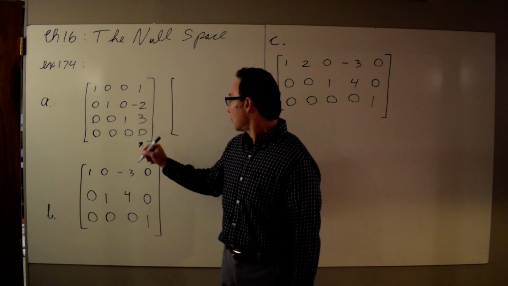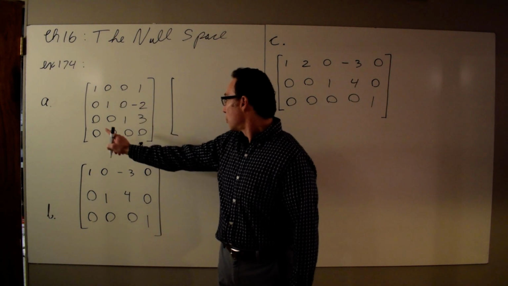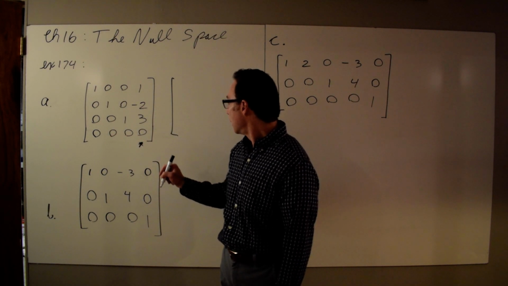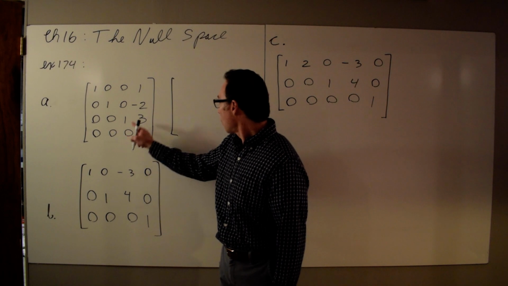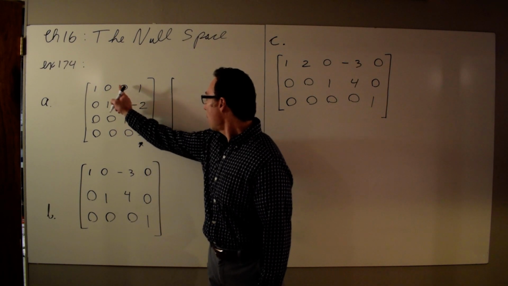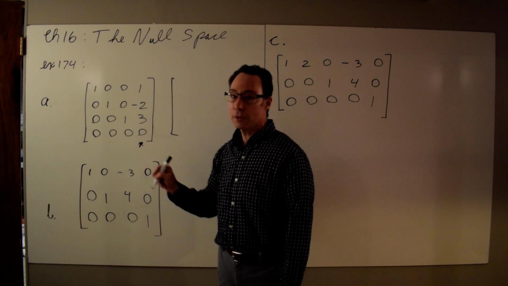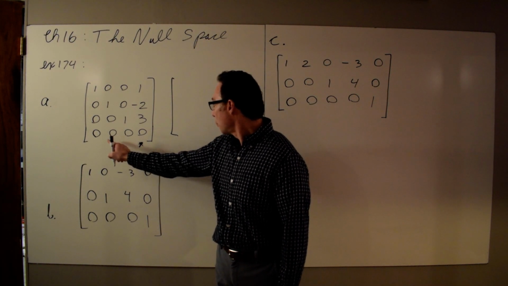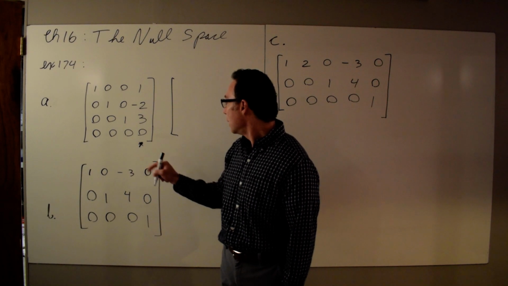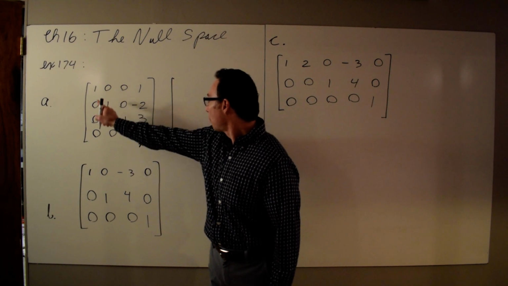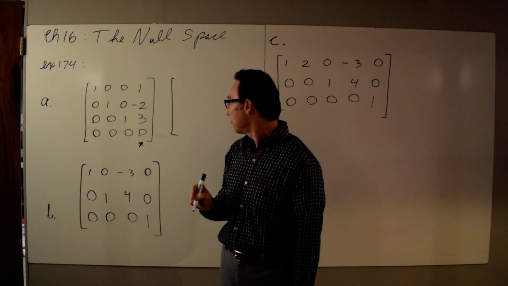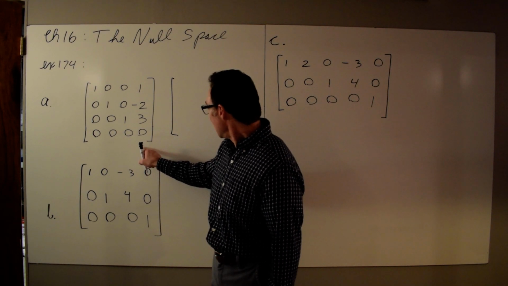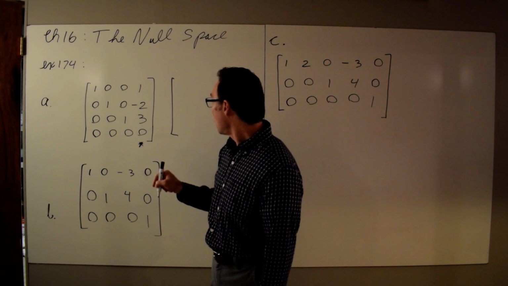One of the things that's observed in the proof is that when you ignore this column, you have the 3 by 3 identity matrix in the upper left corner. Wherever you find your first free column, you have an identity matrix in the upper left corner. So here we have the fourth column is the free column.